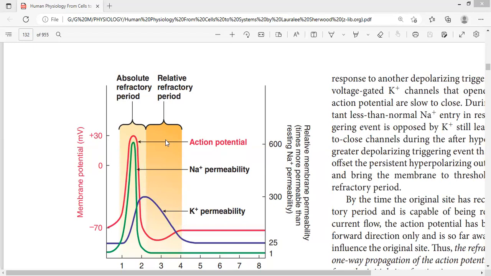However, the triggering event that we mentioned when we were generating an action potential in the beginning has to be considerably more potent than usual. So for example, if you've been slapped, and the person slapping you is fast enough, for you to feel the second slap, they have to slap you harder than they slapped you the first time.